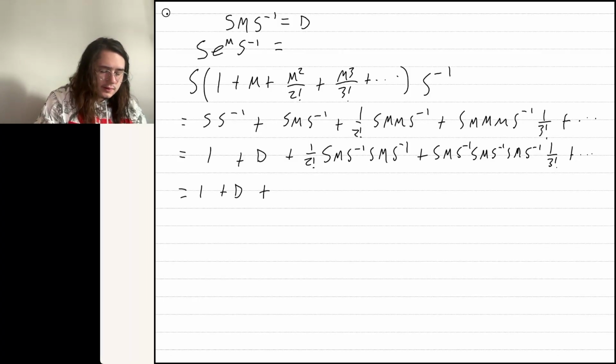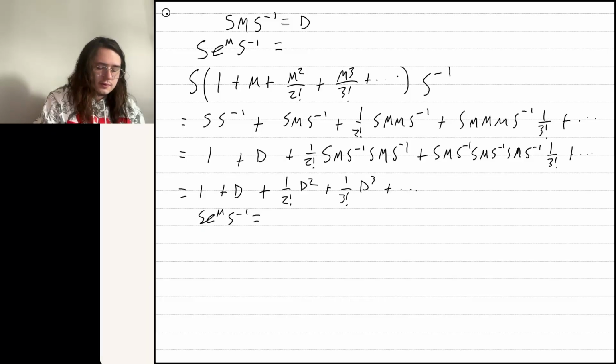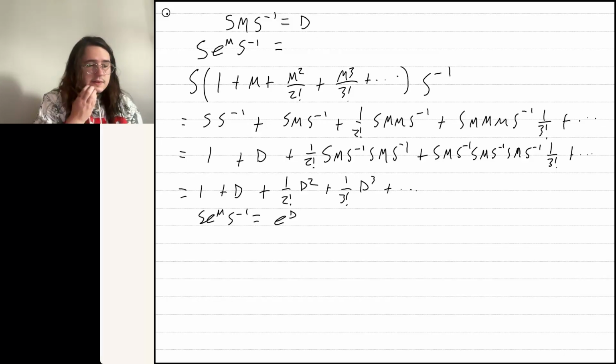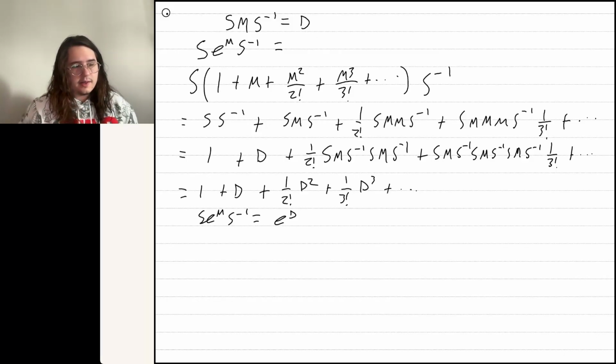Well, what is S M S inverse? It's always D, so this is D squared, and this is 1 over 3 factorial times D cubed, which means that S e to the M S inverse is equal to e to the D. So that's kind of crazy.